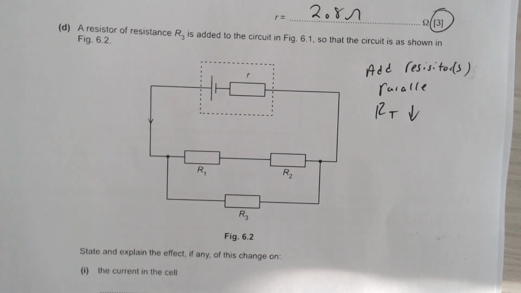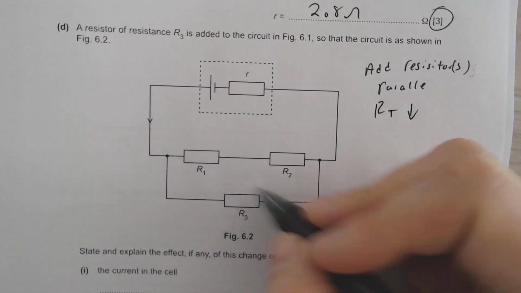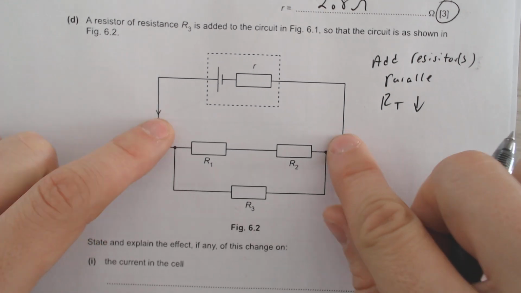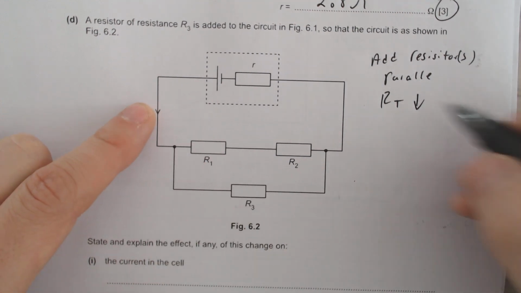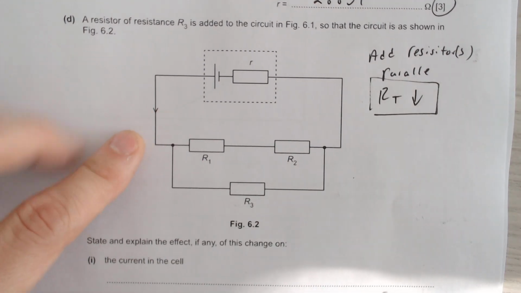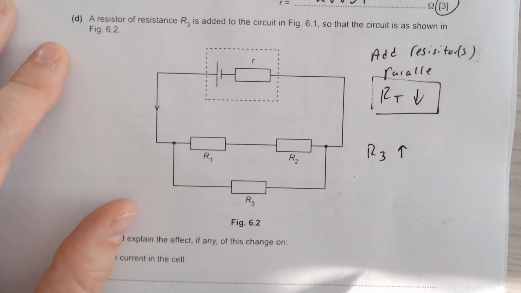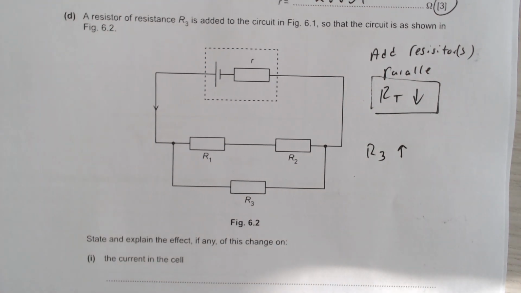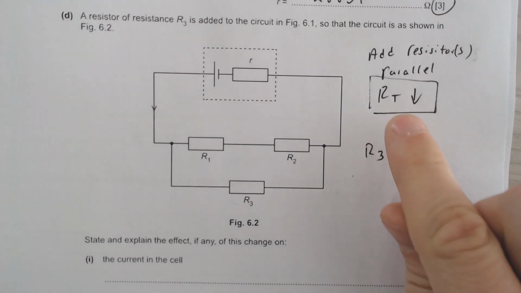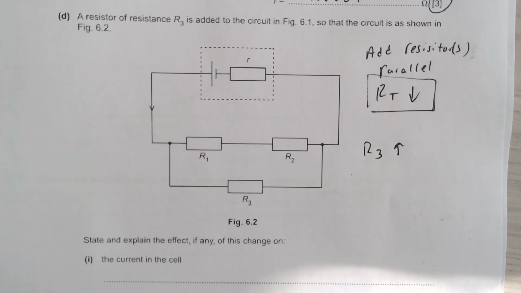That is different than if you changed R3. Currently, since we added this one in parallel, the resistance total is going to go down. If I decided later on to change R3 to a bigger resistance, that would create a more resistive value. So the only time the resistance total will go down is if you continually add more and more resistors.